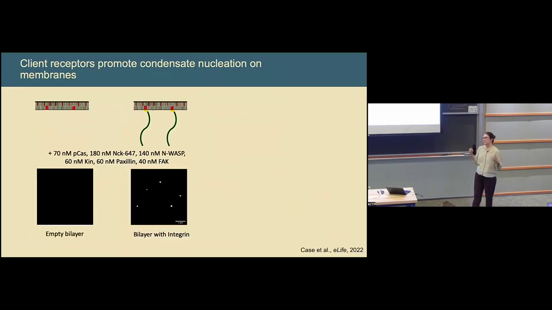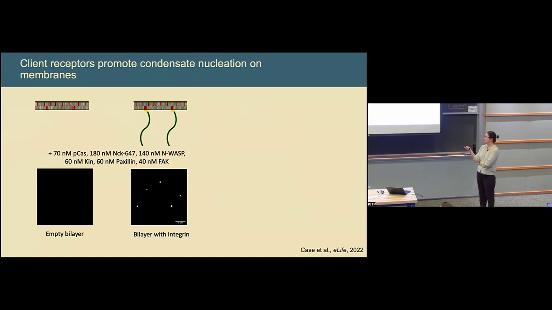And we kind of heard about this yesterday, so this perhaps is not a surprise. This is very similar to what was described yesterday. But we see that when we use really low concentrations of these proteins, which is actually the physiological range of these proteins in the cytoplasm, we don't really see condensate formation at all without the receptor.